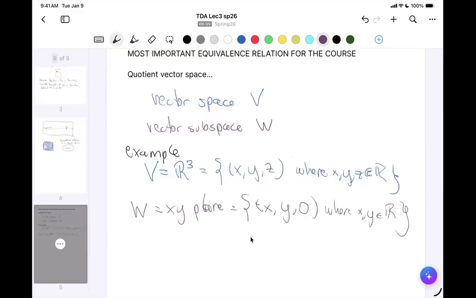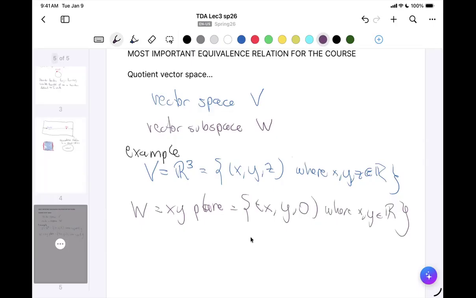I don't know how long ago you took linear algebra, but what was a vector space? Something where you can add the elements together and that's still a vector, and you can multiply a vector by a scalar and that's still a vector. A vector subspace is essentially the same definition, it just happens to be within a larger vector space.